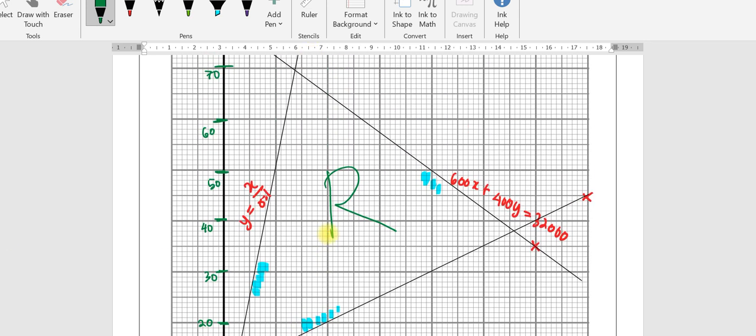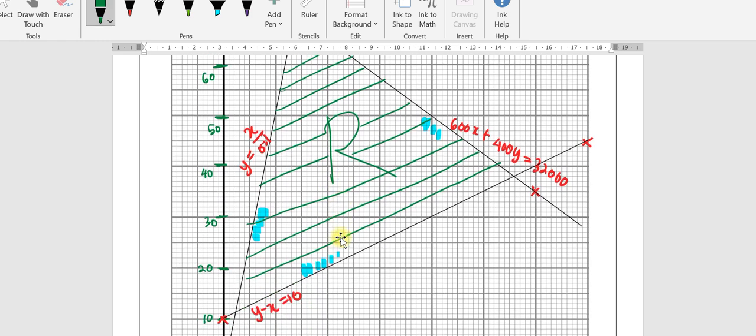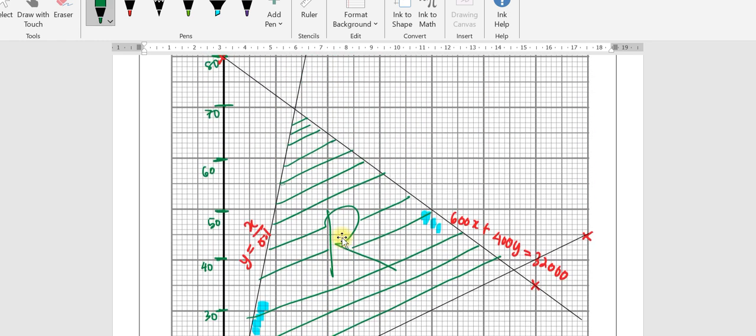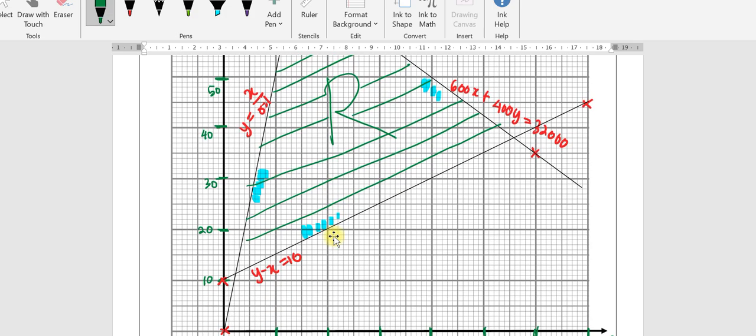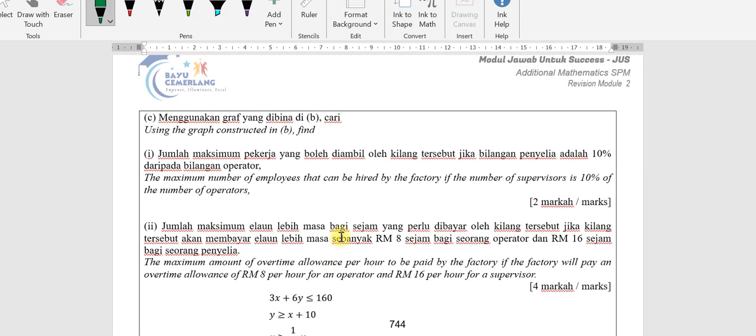And then try to shade it. Okay, so this is your shaded region R.